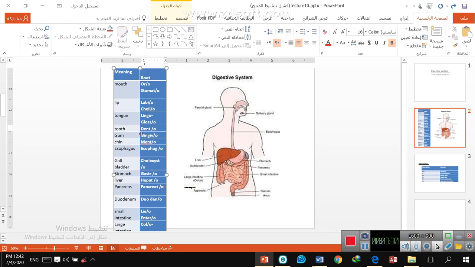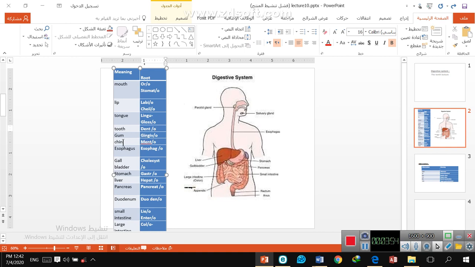Then gum in English, the meaning in Latin is gingiva or gingival. Here we need to add a suffix to this word. You can see gingivitis, meaning inflammation of gum. Then after that, chin.